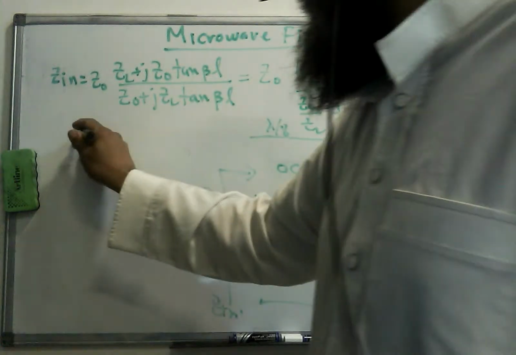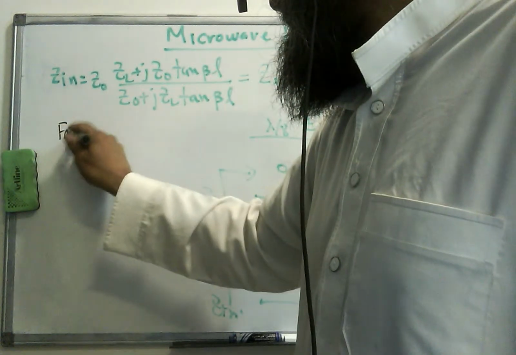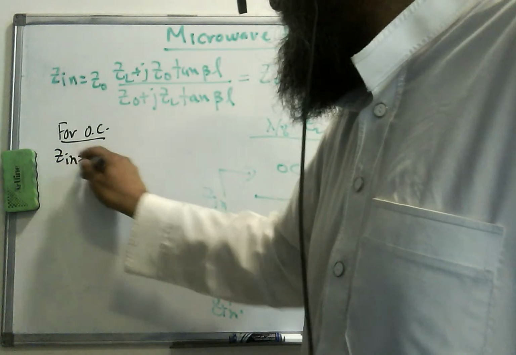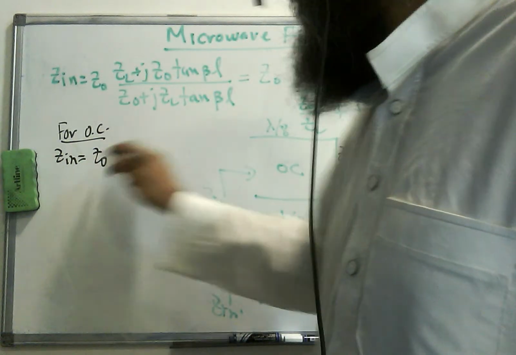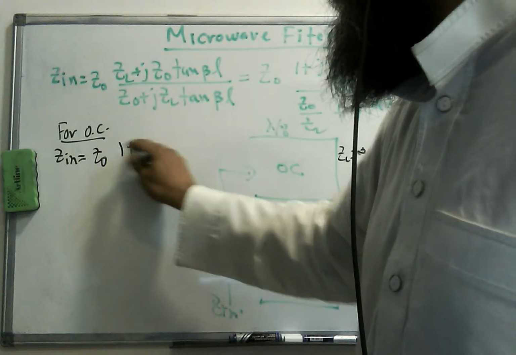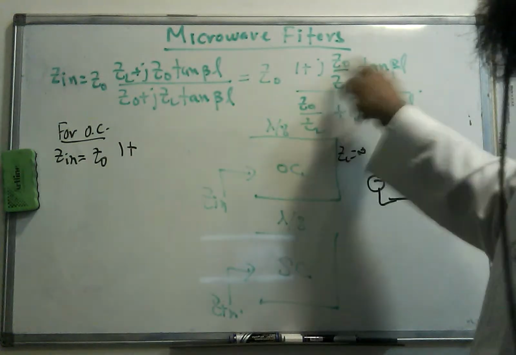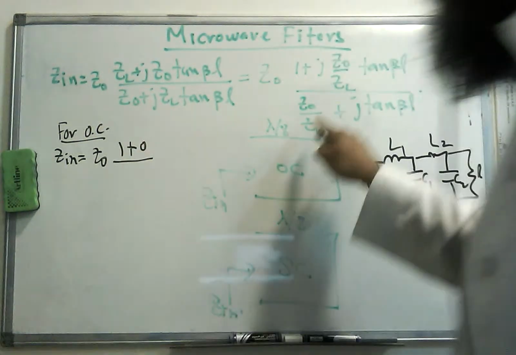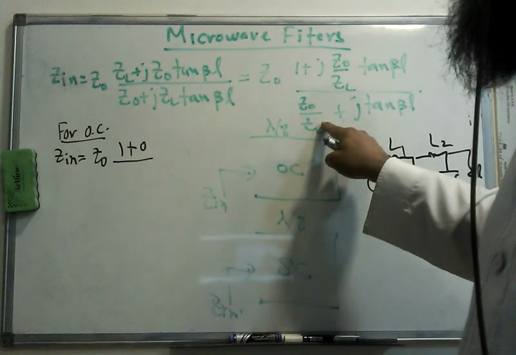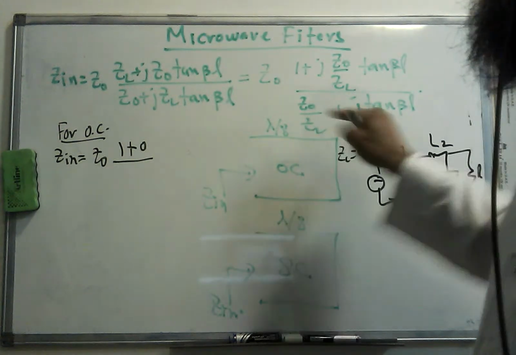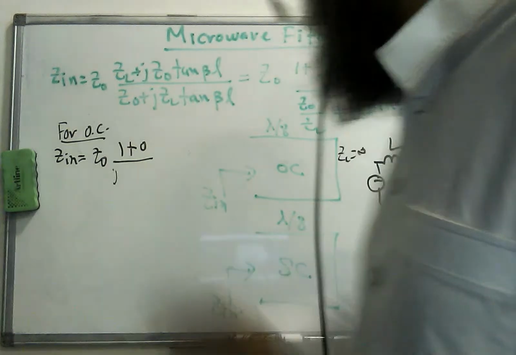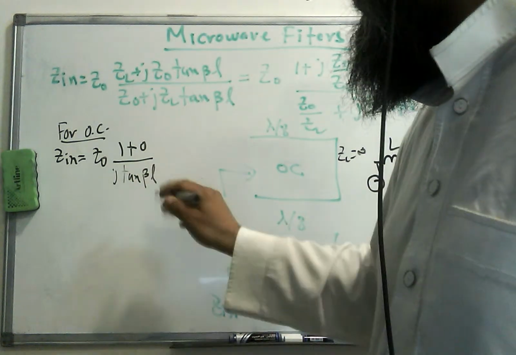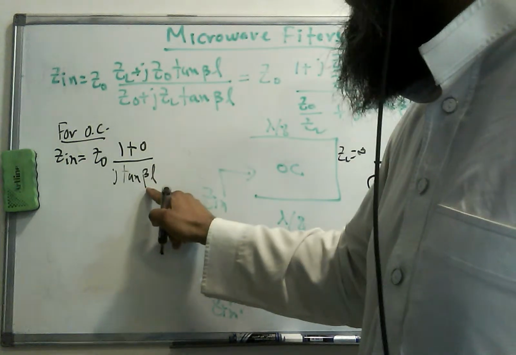So what I get here for open circuit is Z in equal to Z naught times 1 plus 0, divided by Z naught over ZL, which is 0 because of infinity, plus j tangent beta L. Now L is lambda by 8 and beta is 2 pi by lambda.